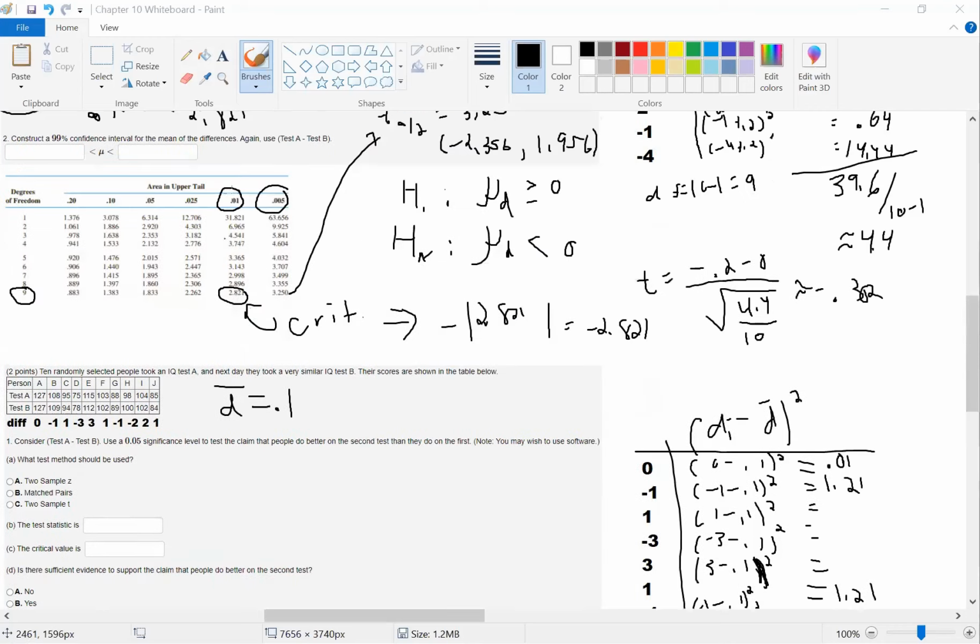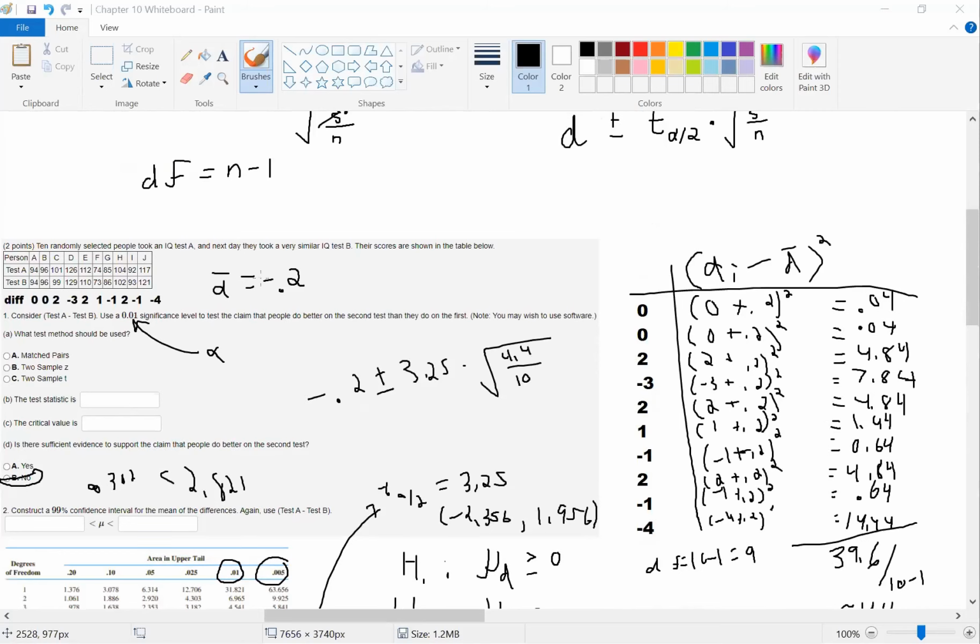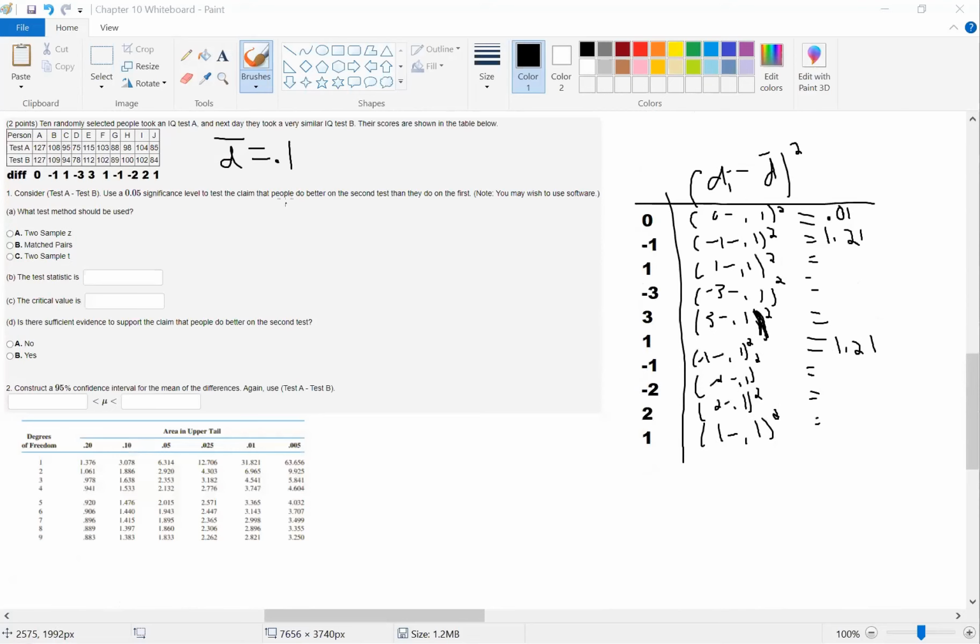On the previous one, our D bar was negative, so minus a negative makes it positive. Whereas this time, we have the positive D bar, so minus a positive means we just are left with minus. So 0.81, and we have a couple of extra ones.